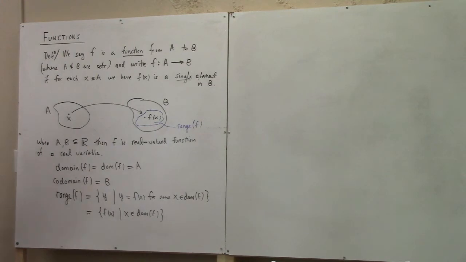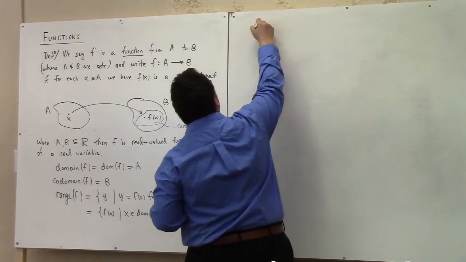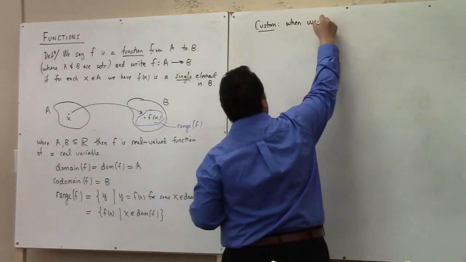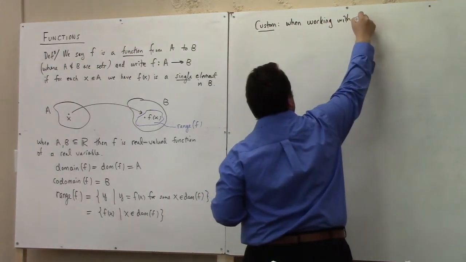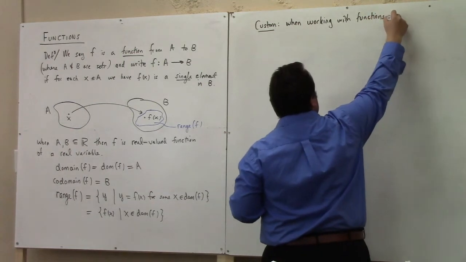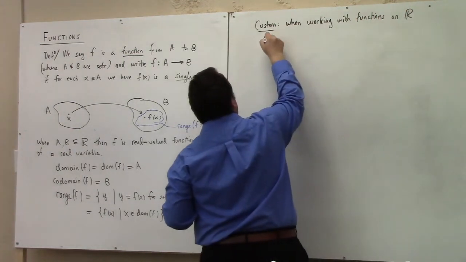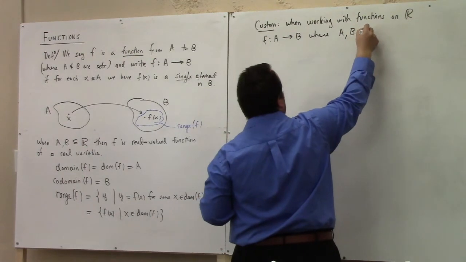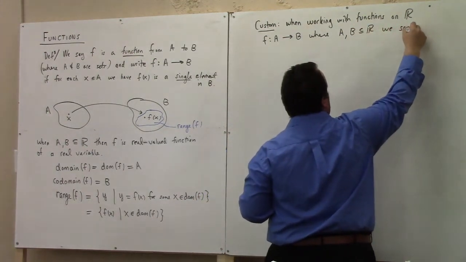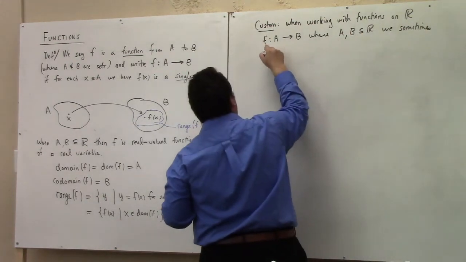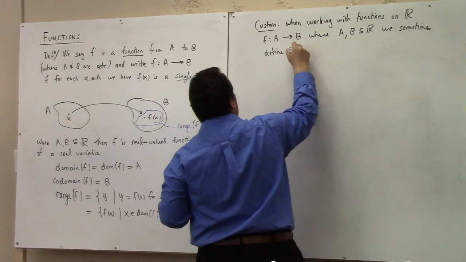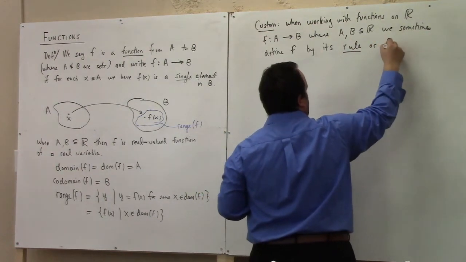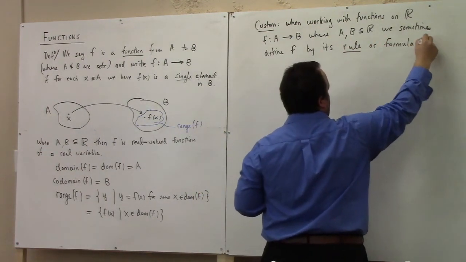Now, customs. When working with functions on the reals, in other words, f goes from A to B, where A and B are both subsets of the reals, we sometimes define f by its rule or formula f(x).